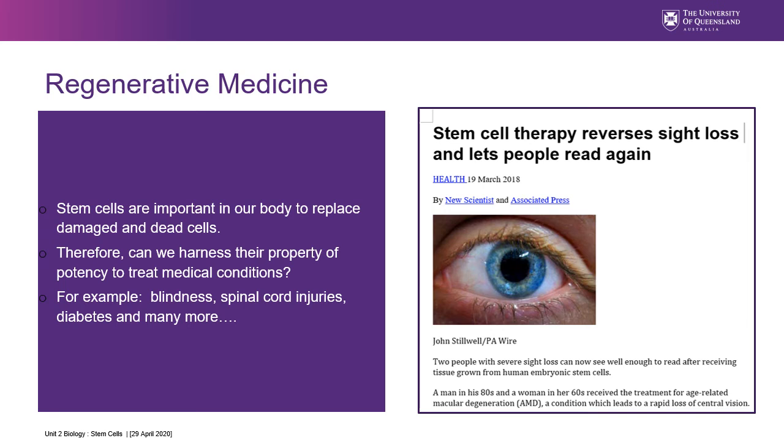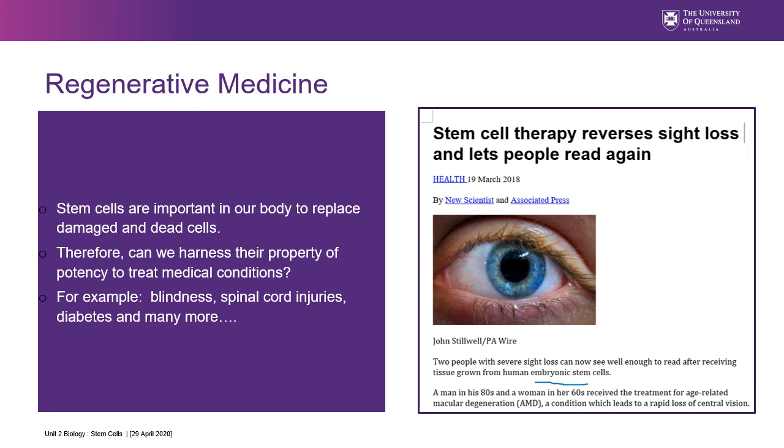Read through the example on the right. This is an article from New Scientist from 2 years ago. Which type of stem cells did they use to regenerate the people's eyesight?